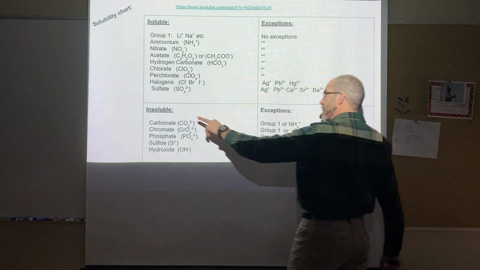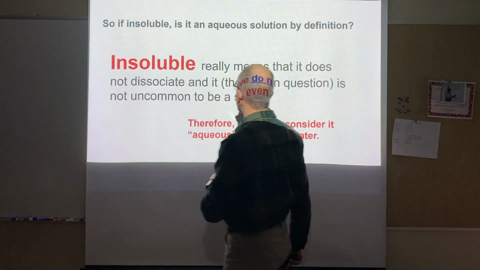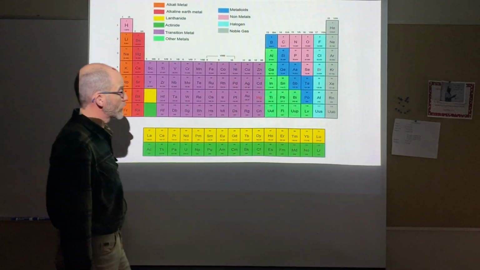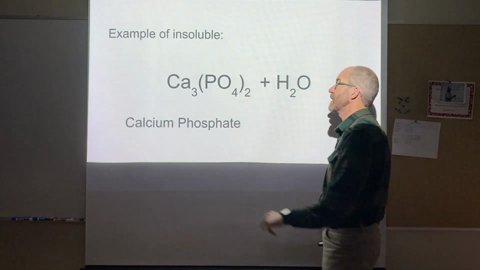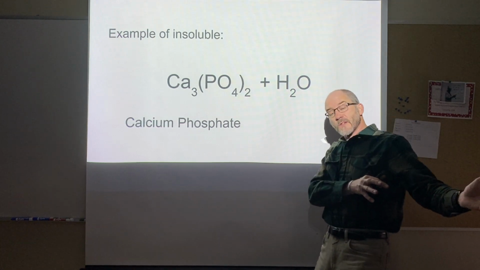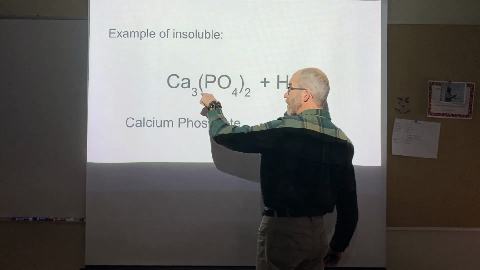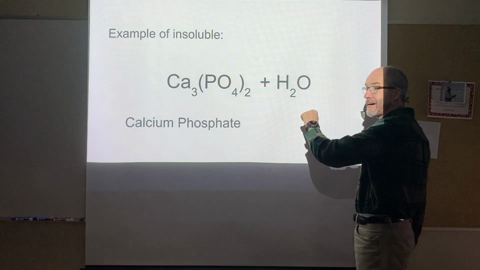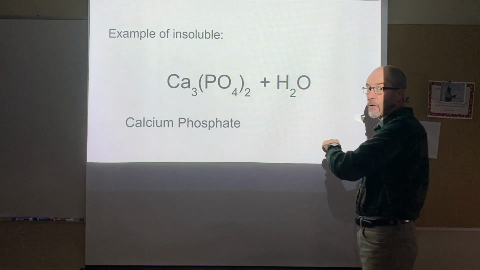But that's not what it's joined with, because if you look at your periodic table, calcium is not a group 1 element, it's a group 2 element. So our solubility table also helps us understand that this is insoluble. Now listen, you don't understand the table fully yet, which I'm okay with, but understand this: this is insoluble, which means it will not dissociate, which means by our working definition, this is not aqueous.